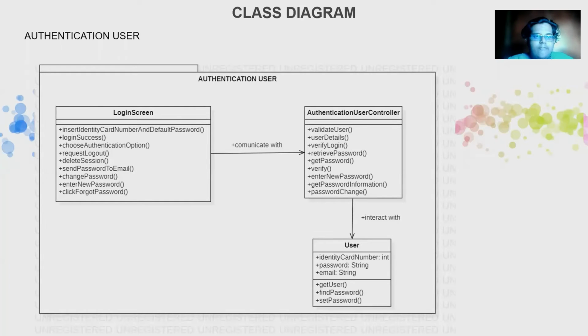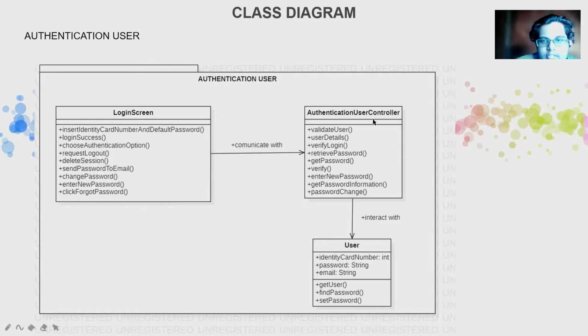For the class diagram for authentication user, there are 3 classes: login screen, authentication user controller, and user. In the login screen, insert identity card number and default password, login success, authentication option, request logout, delete session, send password to email, change password, enter new password, click forget password.